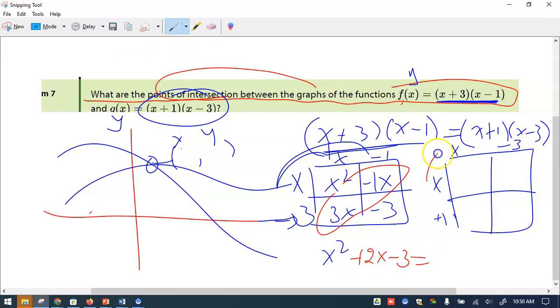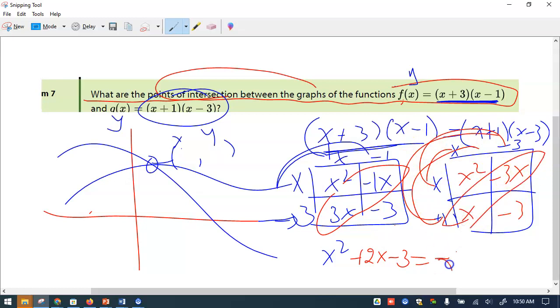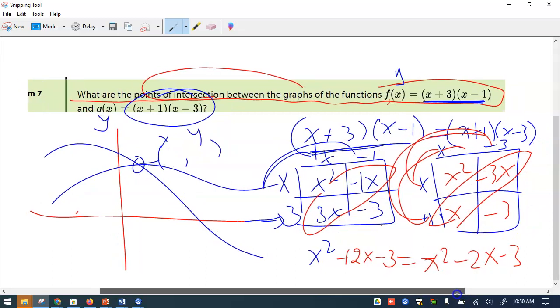On the other side, x squared, then minus 3x, then x, and minus 3, and you combine this and you get x squared minus 2x minus 3.